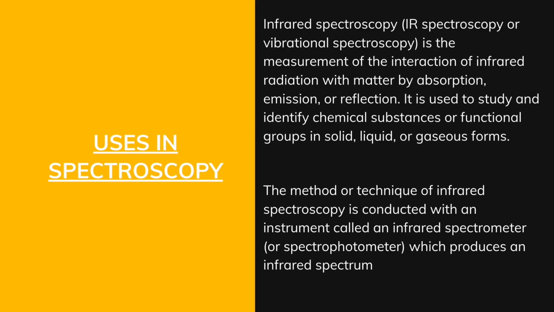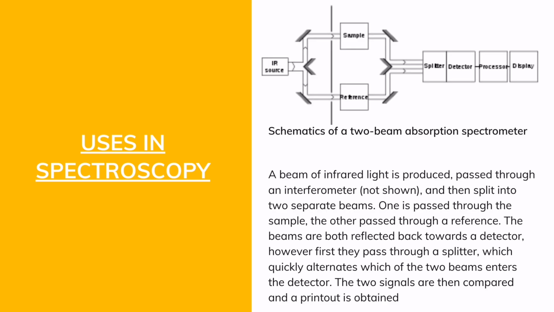The method or technique of infrared spectroscopy is conducted with an instrument called an infrared spectrometer or spectrophotometer, which produces an infrared spectrum. A beam of infrared light is produced, passed through an interferometer, and then split into two separate beams.